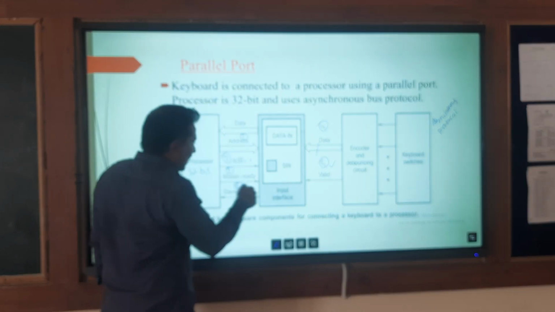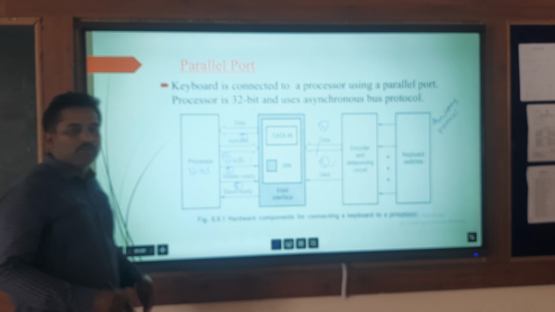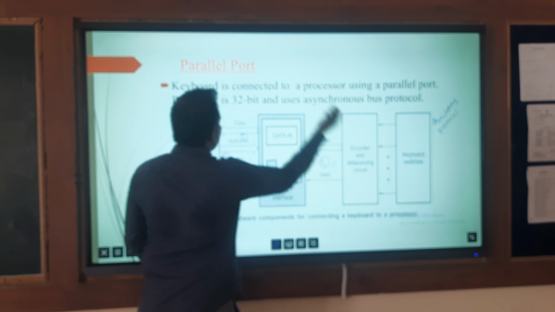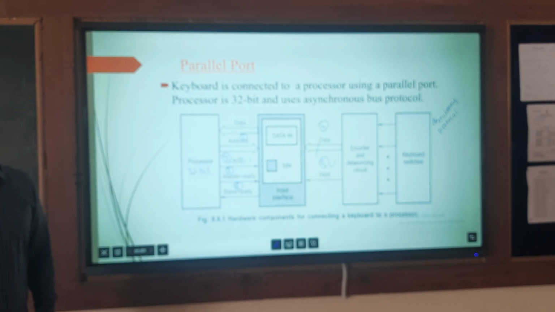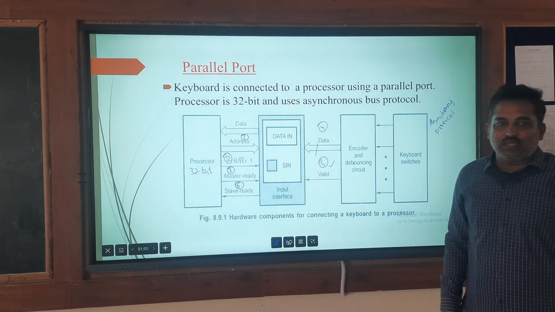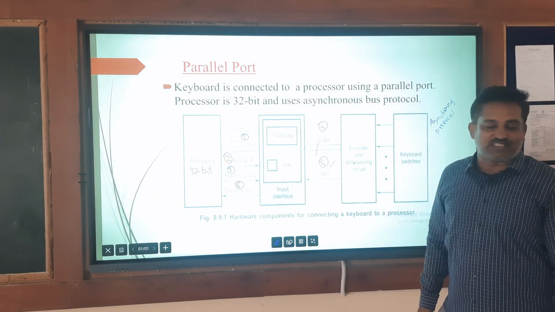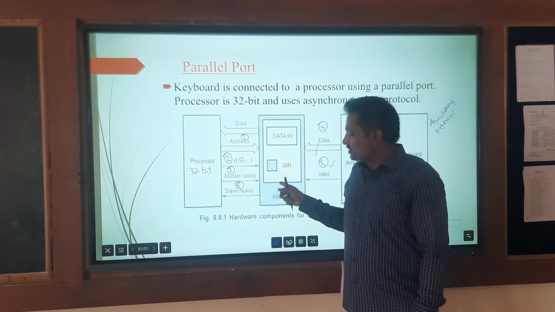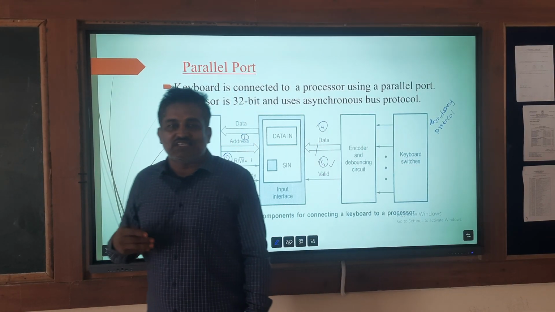So these are the steps we need to perform one after another while interfacing the keyboard parallelly to the processor. Next, once valid data is placed on the data bus, then the interface circuit contains so many registers.